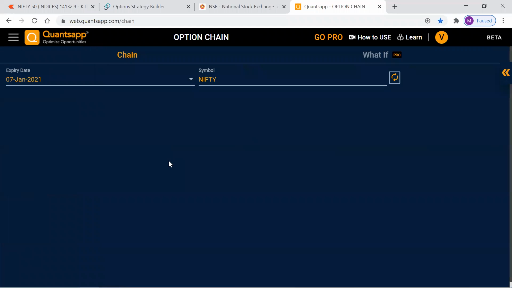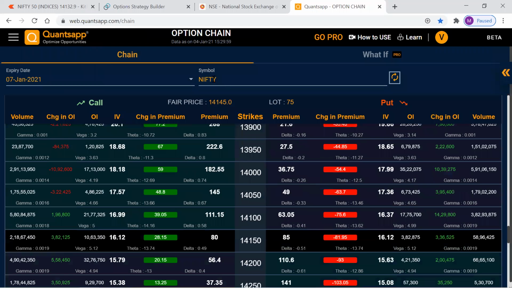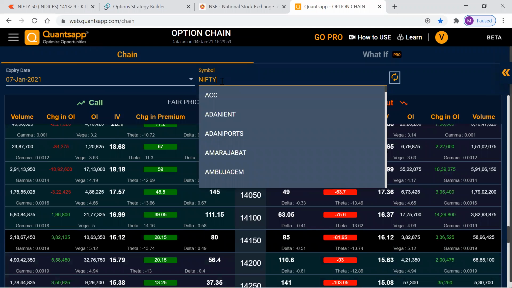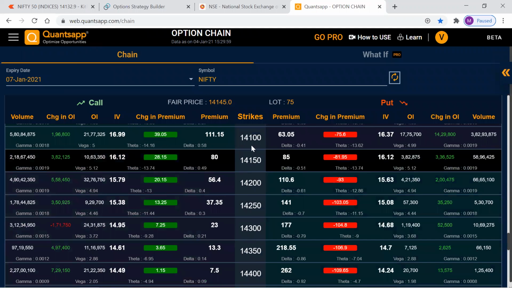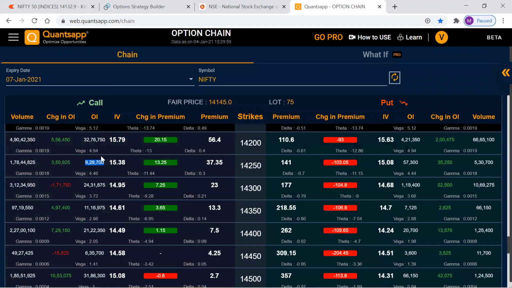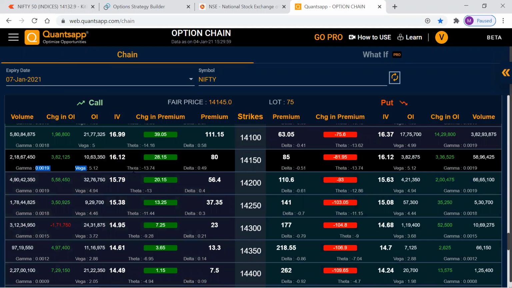Click on that. After clicking on that, select Nifty or Bank Nifty, whatever the underlying asset. Then you will get the strike prices, premiums, and also look, this is Gamma, this is Vega, this is Theta, this is Delta.